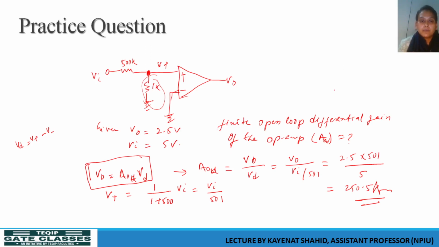These offset parameters are important before working with any application of operational amplifier. So we will be starting with the application of operational amplifier from the next class. Okay, thank you.